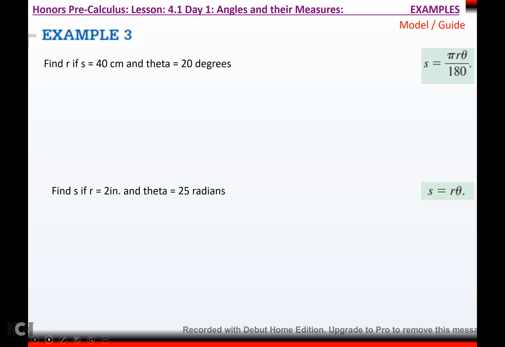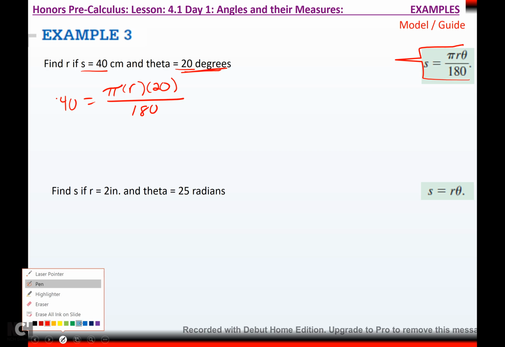Alright, it says find R if S is 40 and theta is 20. Because my angle is in degrees, I know I have to use this one. So I know S is 40 equals pi times the radius, which I don't know, times theta, which is 20, over 180. The first thing I'm going to do is multiply by 180, kill the fraction.